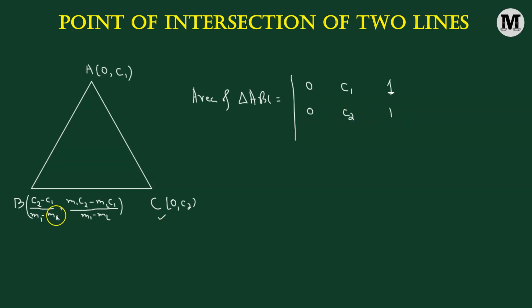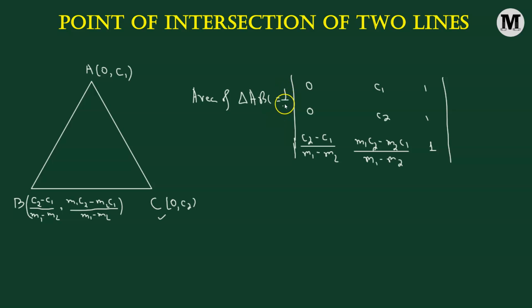In the third row, we consider the coordinates of B: (c2 minus c1) divided by (m1 minus m2), then in the second column (m1c2 minus m2c1) divided by (m1 minus m2), and 1 in the third column. We also need the factor of 1/2.